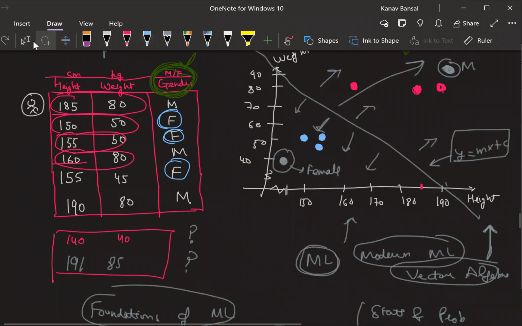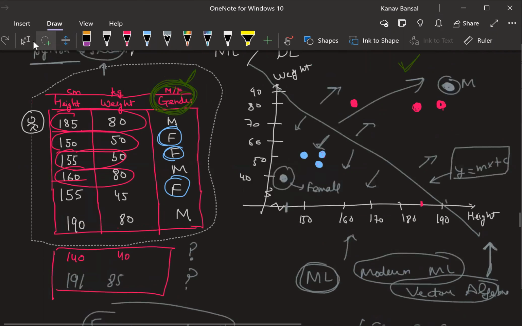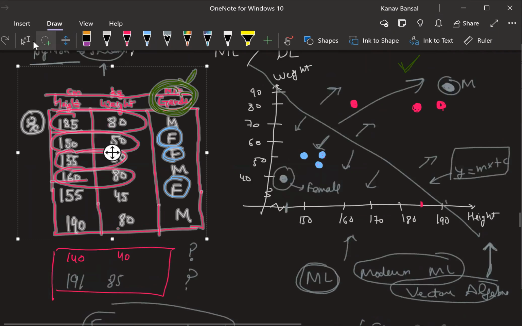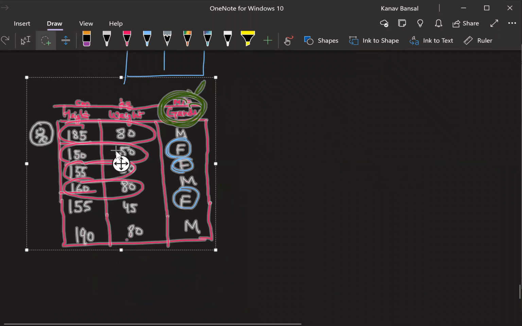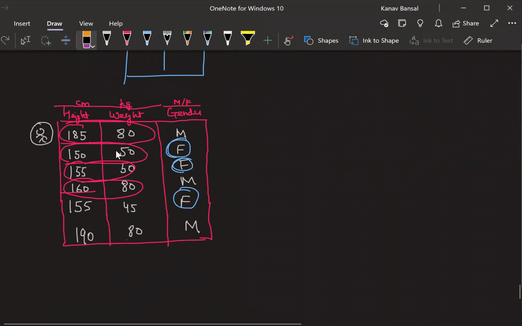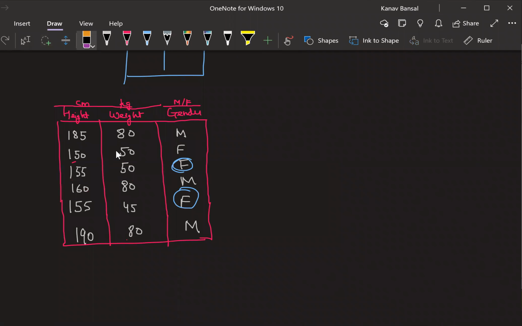Maybe let's say this is the CSV file. All right, so this is the data given to us.